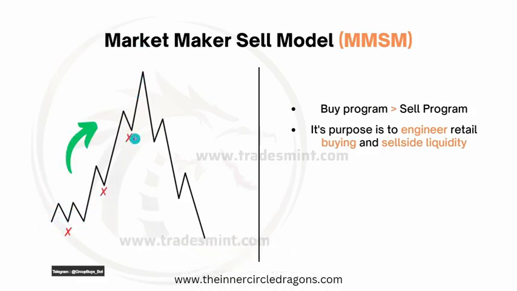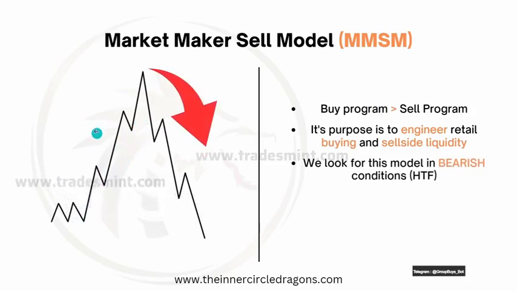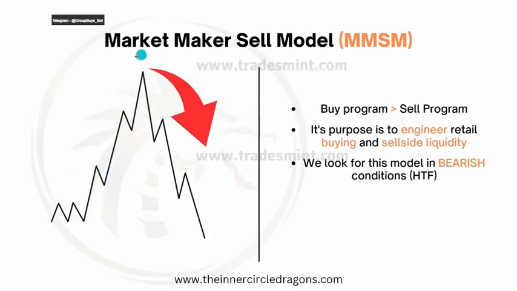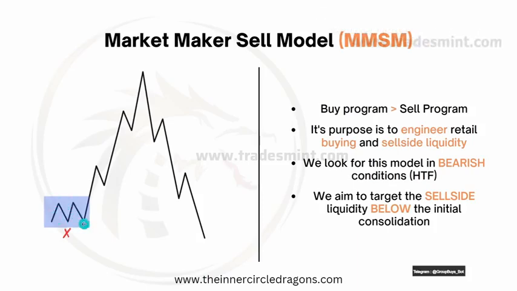This is going to be in the form of sell side liquidity. We look for this model in higher time frame bearish conditions. So essentially the market maker sell model is a retracement higher. This is our buy program, just so that we can go back lower, and we aim to target the sell side liquidity below the initial consolidation lows.